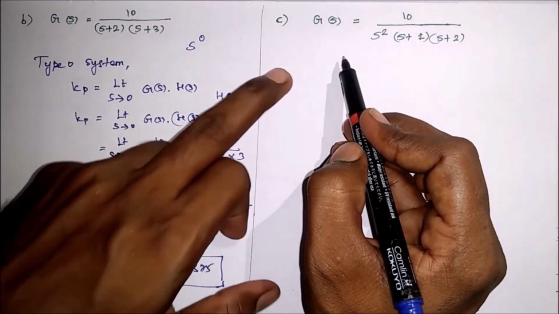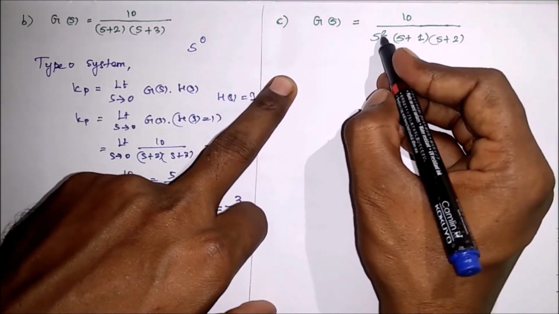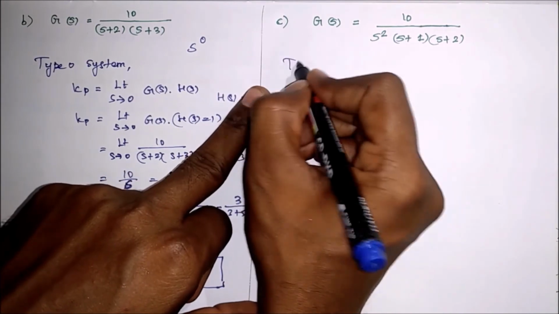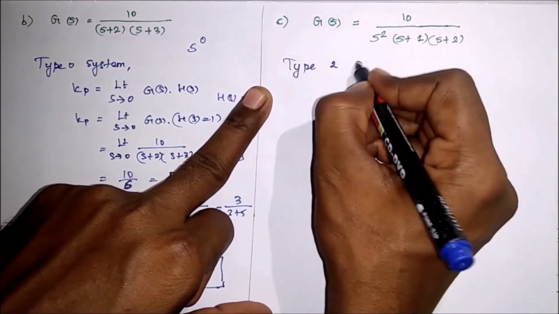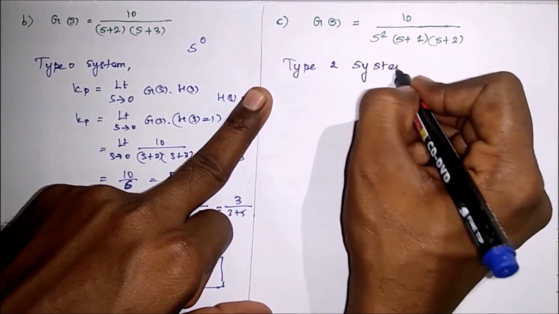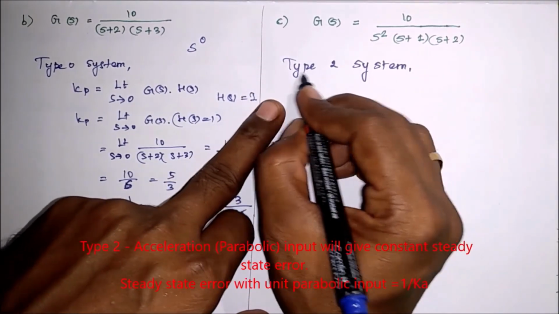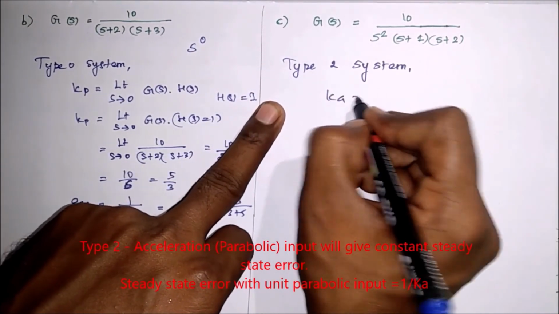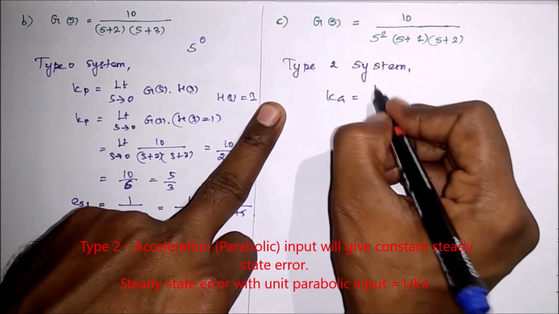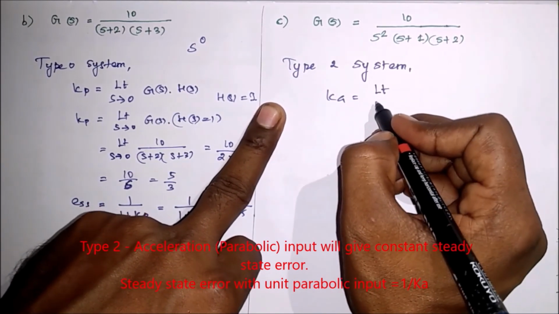So for the third open loop system, here s value is equal to 2. Therefore, it is a type 2 system. We know for a type 2 system only the acceleration error constant will give the constant error.